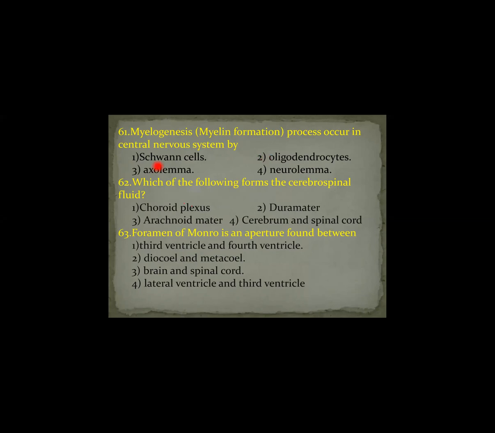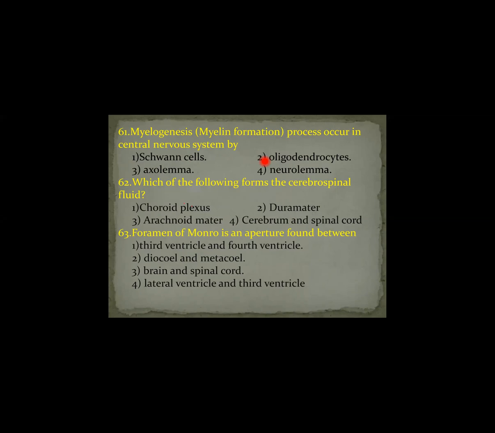This is a very important point. In the central nervous system, myelin sheath formation is carried out by the oligodendrocytes. In the peripheral nervous system, the myelin sheath is secreted by the Schwann cells. Here they are asking about the central nervous system, therefore answer is second option.